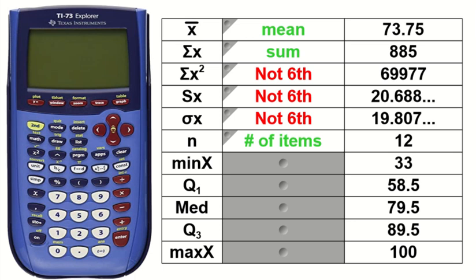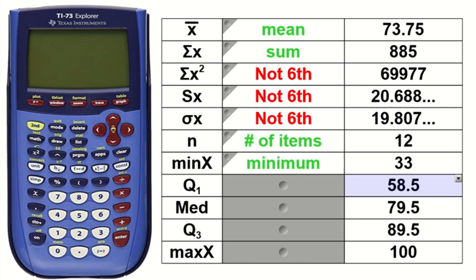So that tells you how many things you had on your list. The parentheses after it as you were listing it also tells you that, right? We had L1 parentheses 13 at the end. That means we listed 12 things. But that's also a good way you can always double check. If you don't have the same number that was given, that means you missed one. All right, what's min X?